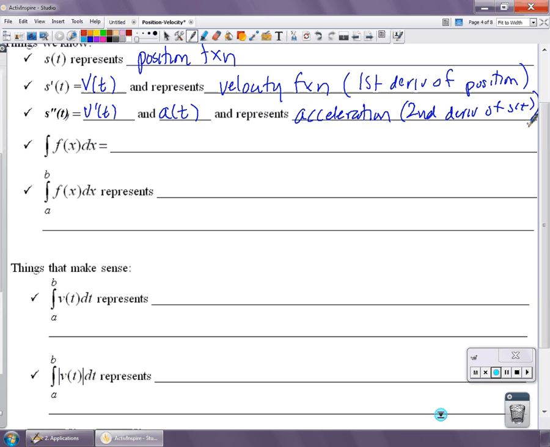Old stuff. When you find the antiderivative of little f of x, you bring back big F of x, the original function, plus c. That is a family of functions that share the same derivative. And the plus c is the constant of integration.